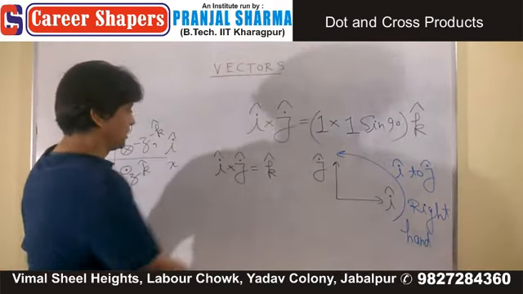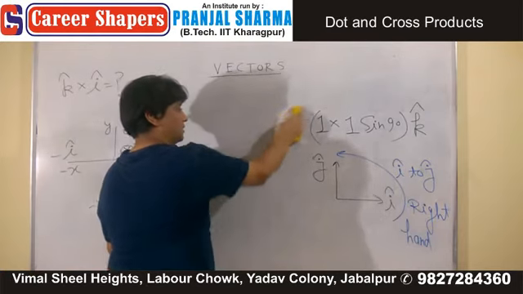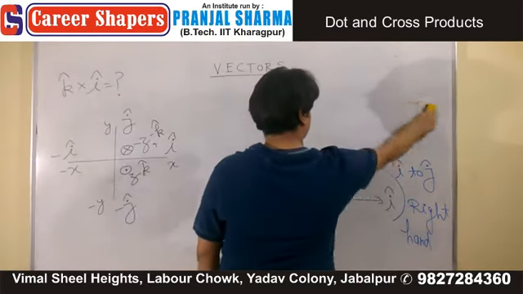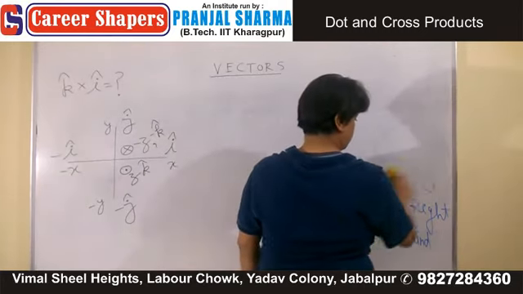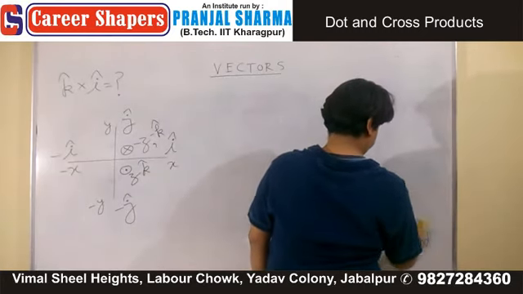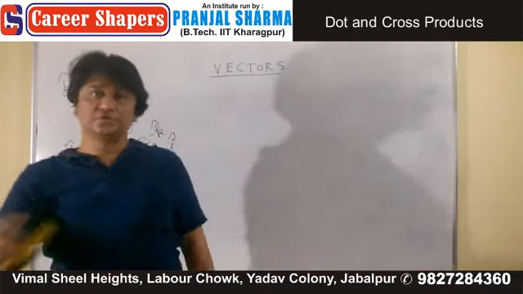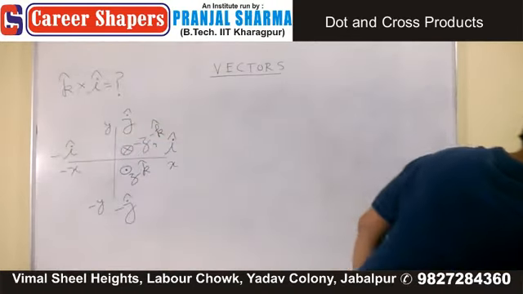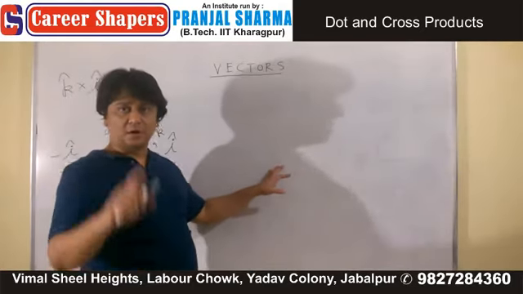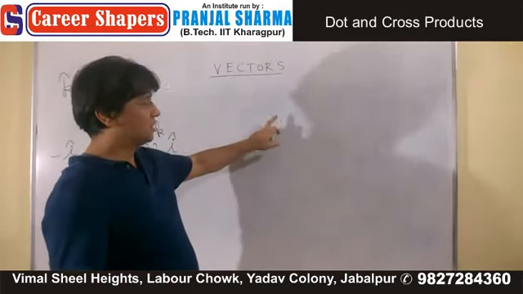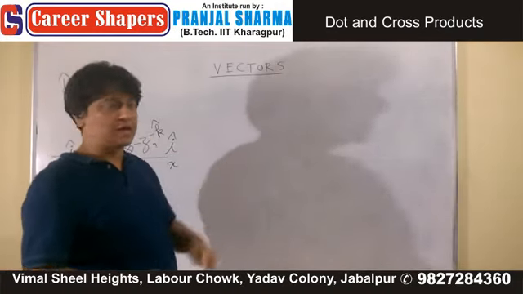Regarding k cross I, just remember this trick. You know the proper method. Write down the trick for finding I cross J, J cross I, things like that.